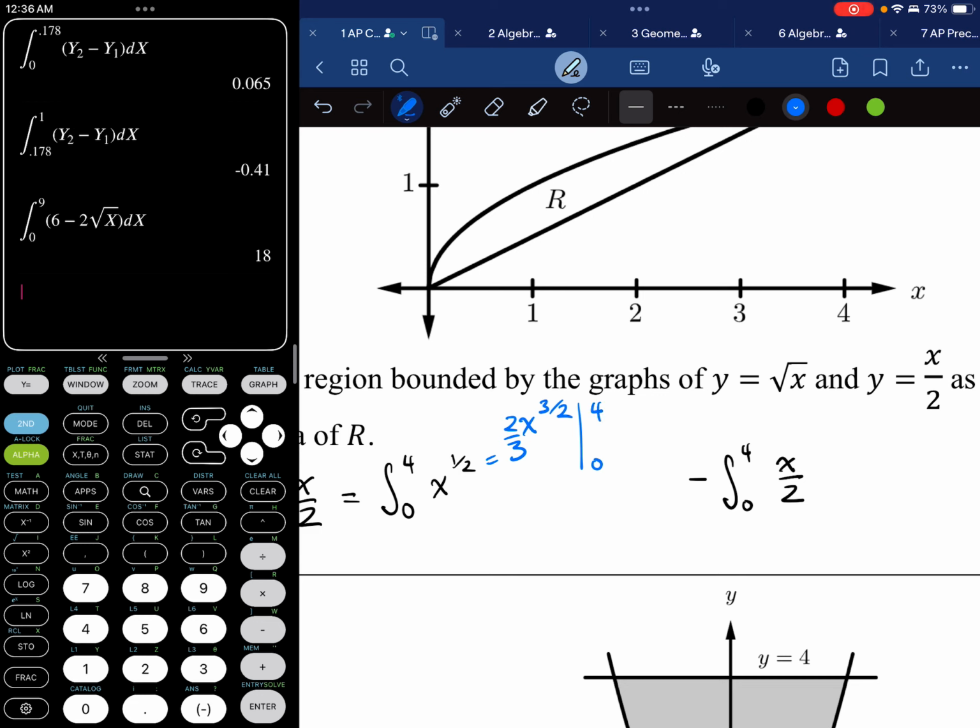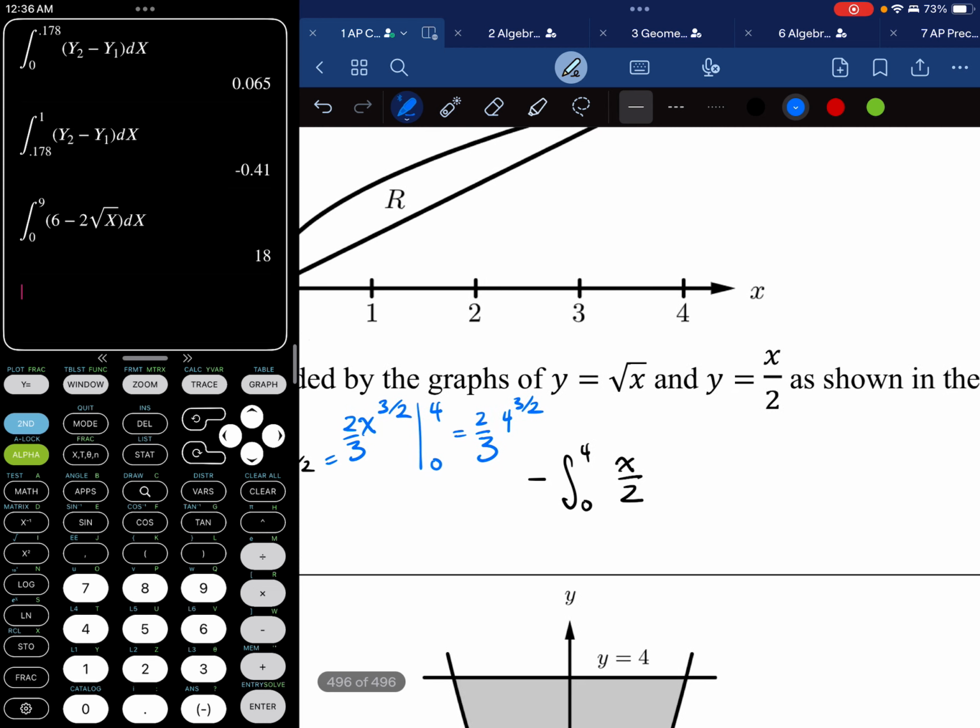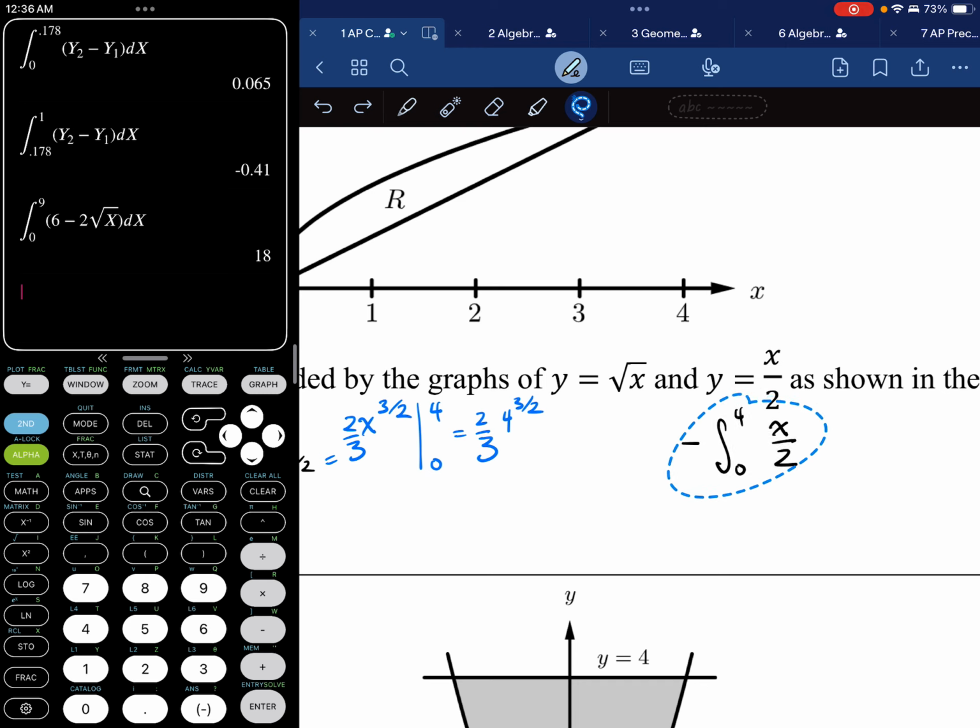That's going to be equal to 2/3 of 4 to the power of 3/2. And this is why I'm worried about room on this. Minus 2/3 of 0 to the power of 3/2. This is all going to be 0.